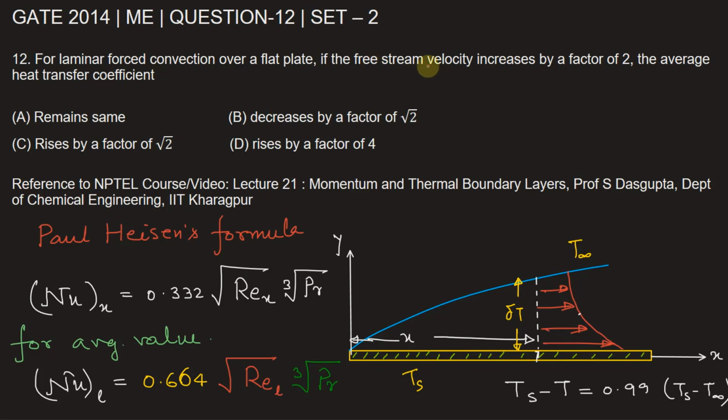So if we increase the free stream velocity by a factor of 2, the average heat transfer coefficient will increase by root 2. So from here we can say option C is the correct choice.